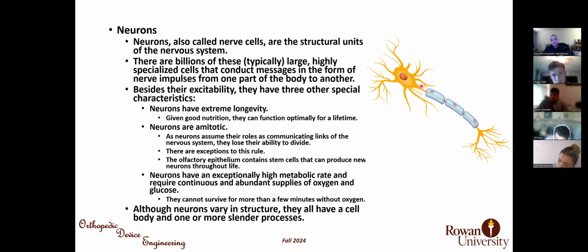Once you pass the age of 8 or 9, the number of neurons in your body is finalized. And these neurons will not regenerate, will not divide, will not create new neurons. And then, until you die, the number of neurons in your body remains the same, unless due to a disease process, some of them are destroyed.